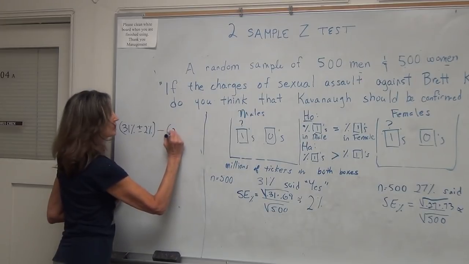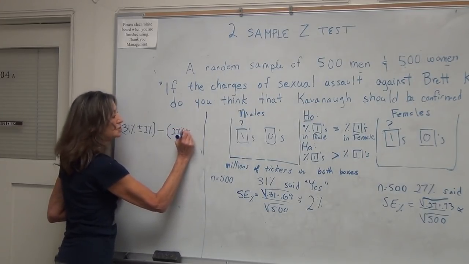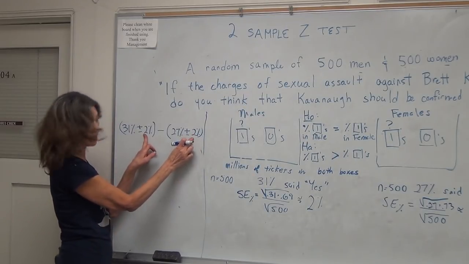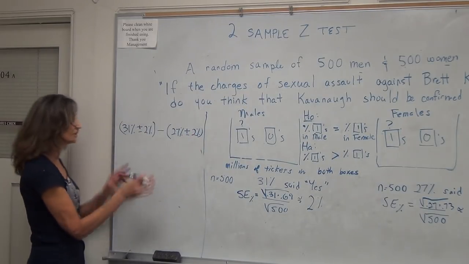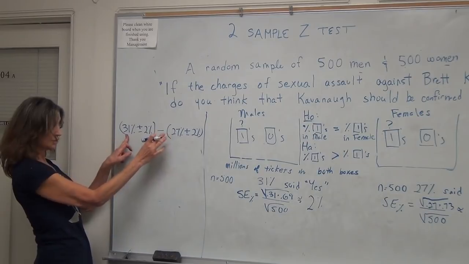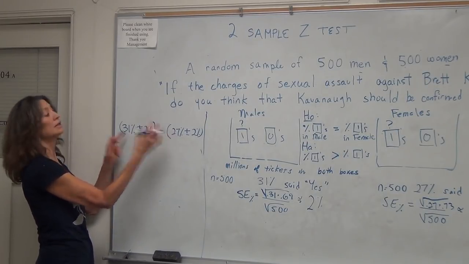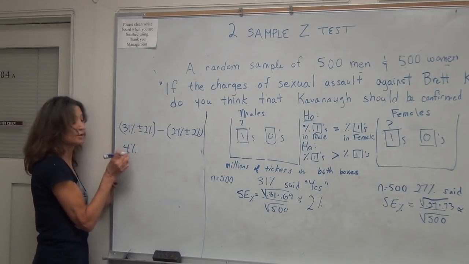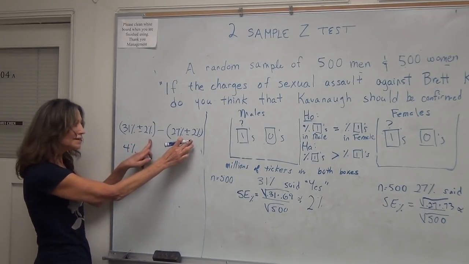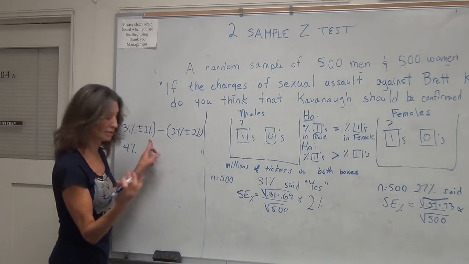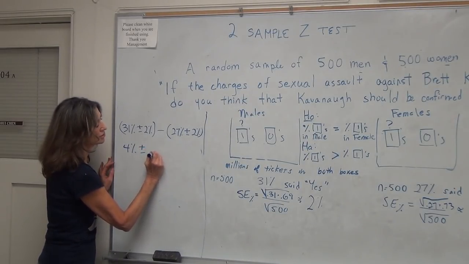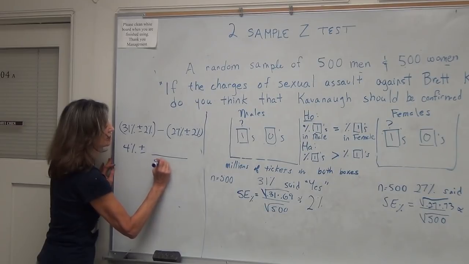For the females, it's 27% plus or minus 2%. In this case, they're the same. They don't have to be. Now, we know that 31 minus 27 is going to be 4%. That's our observed difference. But how is that going to bounce around? Plus or minus what? This is the standard error for the difference.